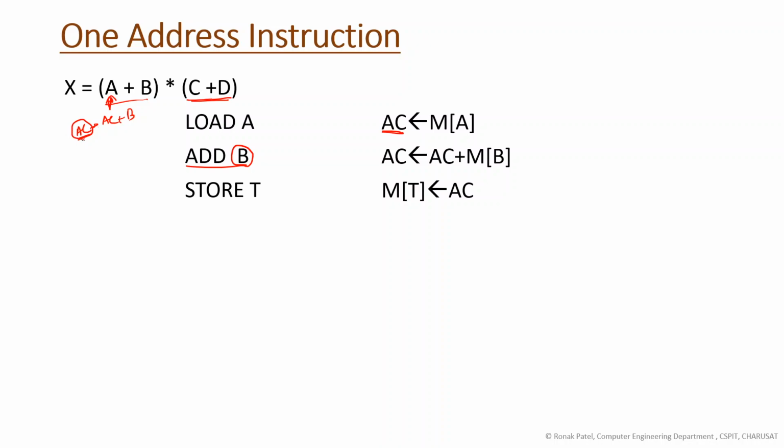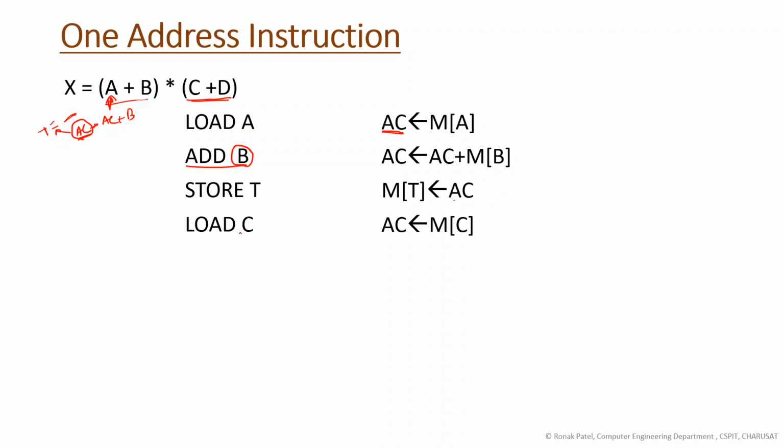Now this value I need to store in some temporary variable so I can use AC again. So that's why store T: whatever value you have in accumulator will be stored at address T in memory, in some temporary location.